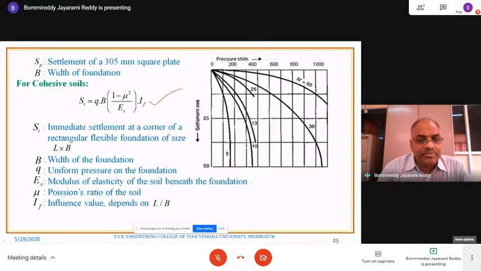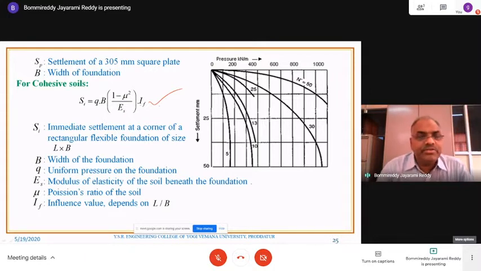Mu is the Poisson's ratio of the soil, E is the modulus of elasticity of the soil beneath the foundation, and IF is the influence factor. Q is the surcharge load acting on it, and B is the width of the foundation.